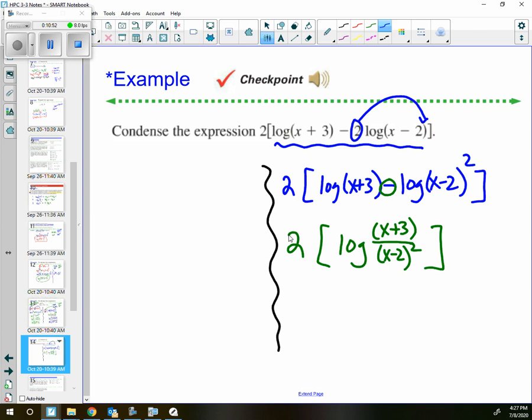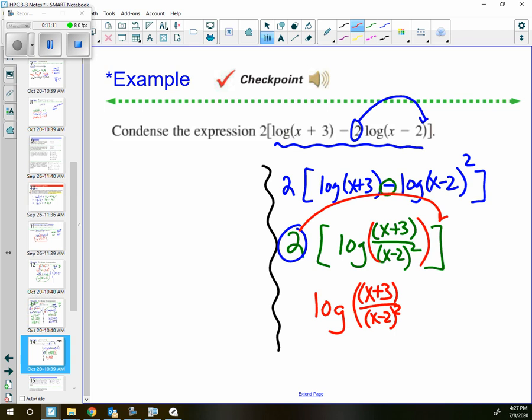Then, order of operations, I did everything inside the grouping. Now I deal with that 2. I go back to the power property. So it's going to come up, and it's going to be for this entire argument, its exponent. So it's log of that entire fraction. So x plus 3 over x minus 2 squared, that whole thing is going to be raised to the second power.